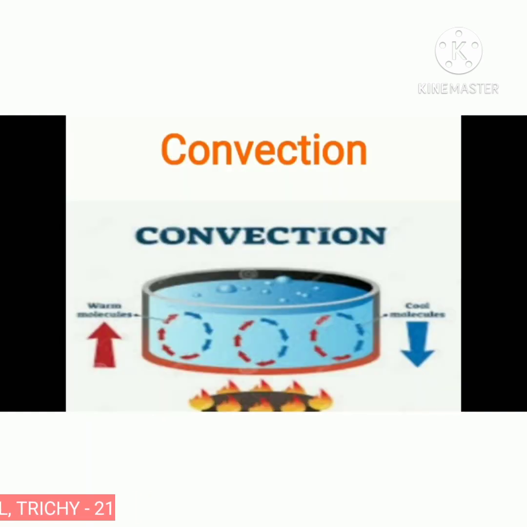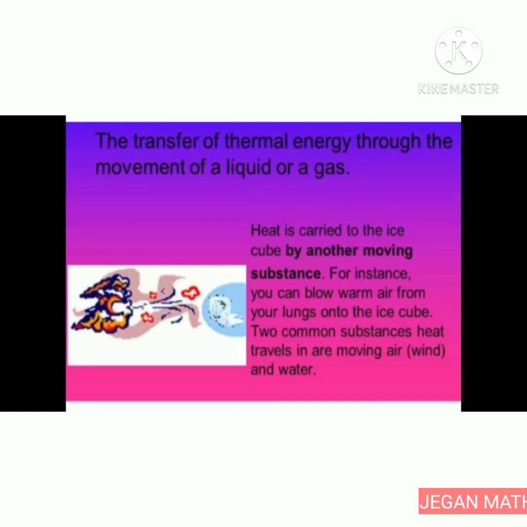Next one, convection. Convection means the form of heat transfer from places of higher temperature to places of lower temperature by the actual movement of molecules. This is known as convection. It is the transfer of thermal energy through the movement of a liquid or a gas.